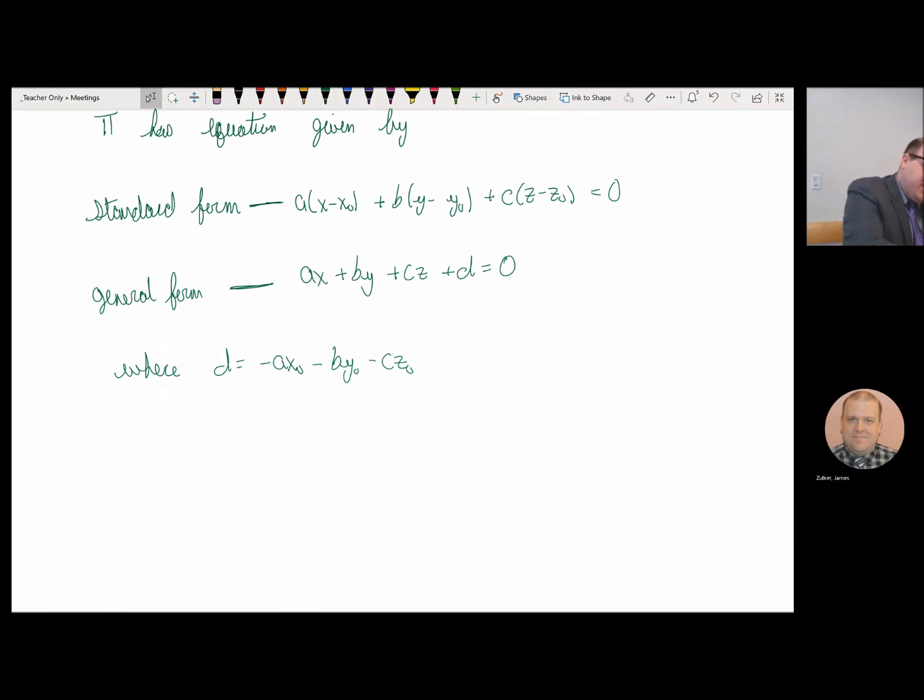So we're going to take our point 1, 2, 3, and we know a normal vector for the parallel plane. We're going to use the same normal vector.